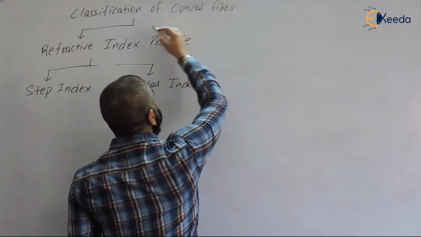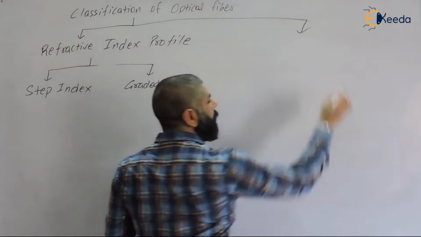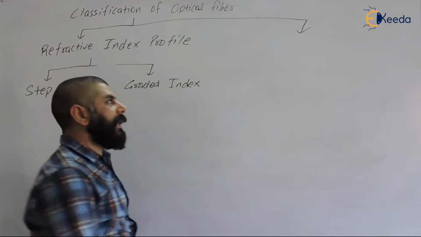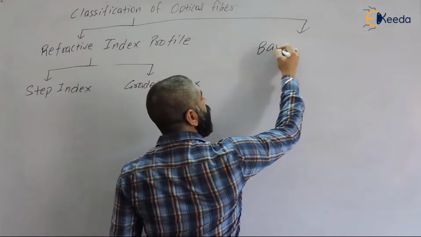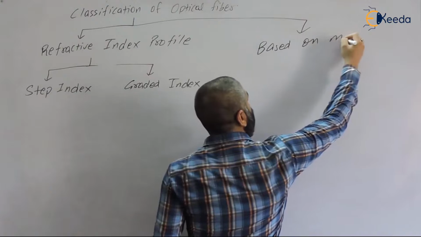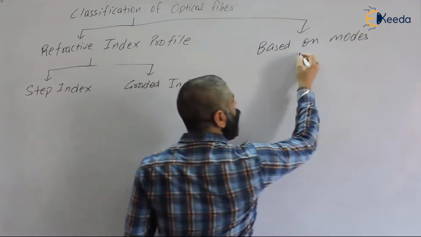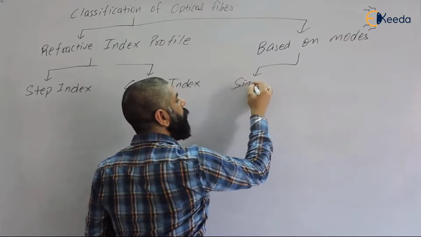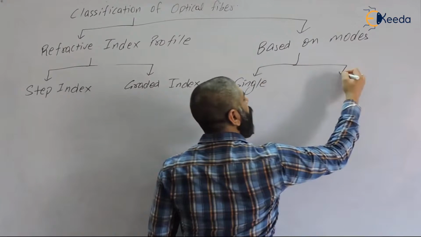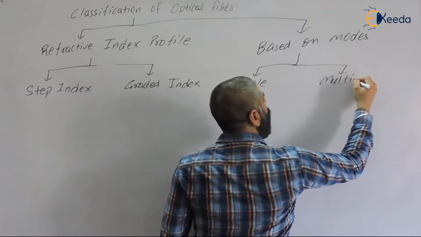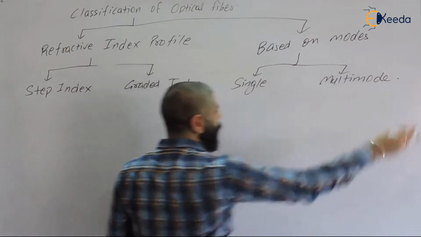And the next classification of optical fiber is based on modes of propagation. Based on modes, they are classified into two types: one is single mode and the other one is multi-mode. So one by one, we'll discuss all.